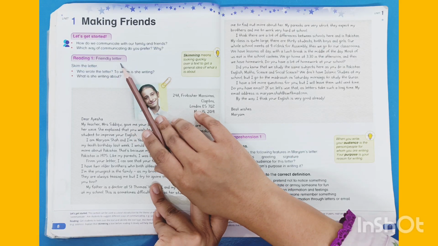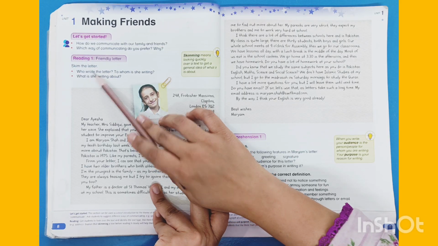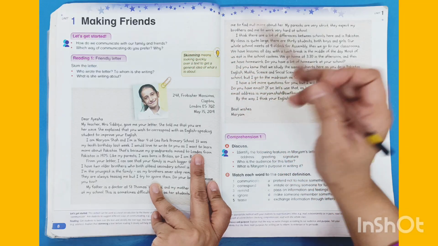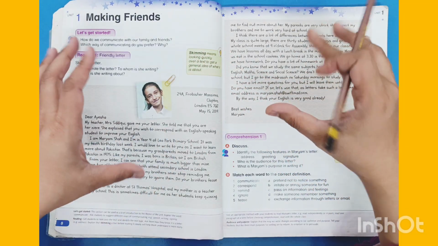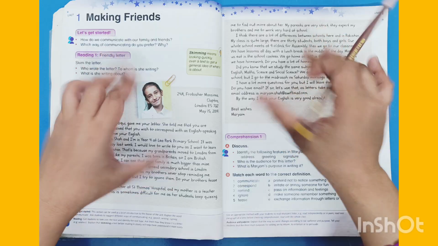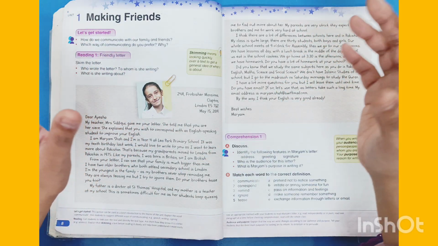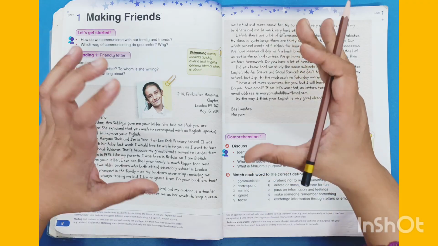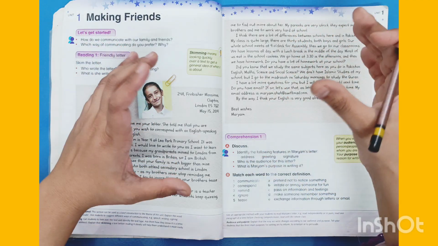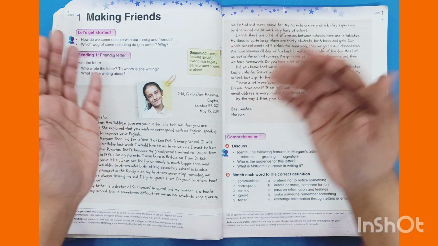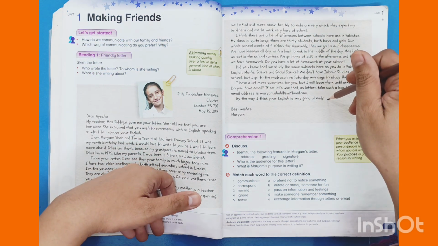Reading 1, friendly letter. Skim the letter. They are asking us to skim the letter, that is, just look over the text and get the idea that it is a letter and what the letter is about. But we are going to read all of the text.